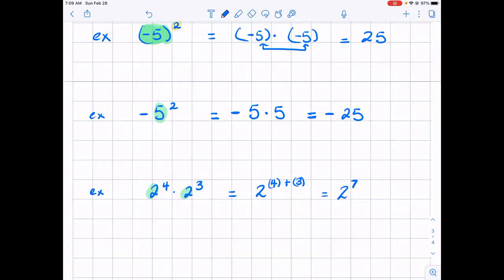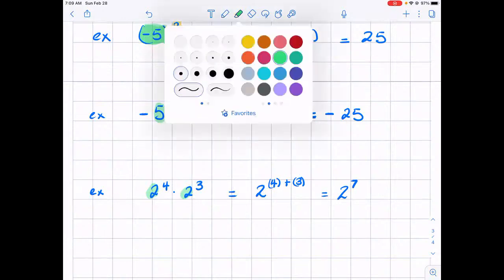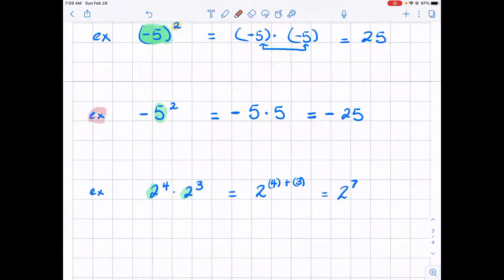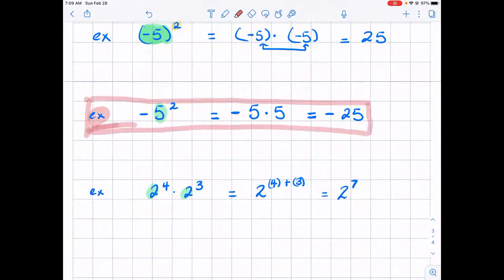So the way we write this here is a red flag. This example here is very, very important because most times when we see this, we think that because the power is even, the answer will be positive. And we have to be careful.